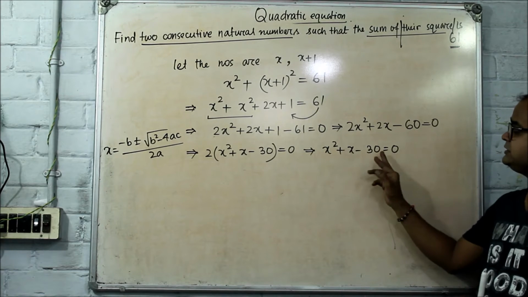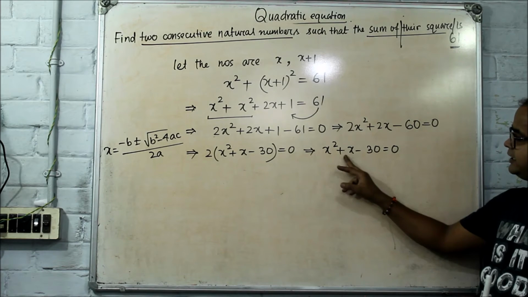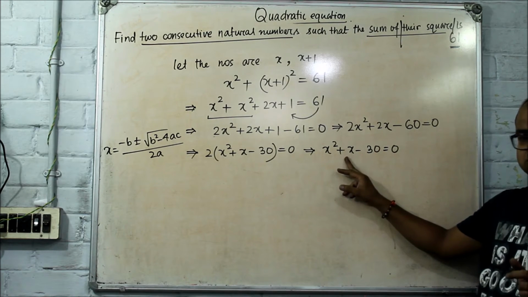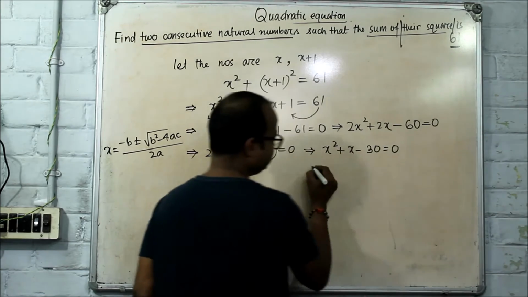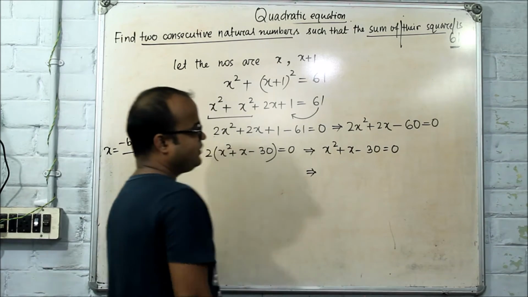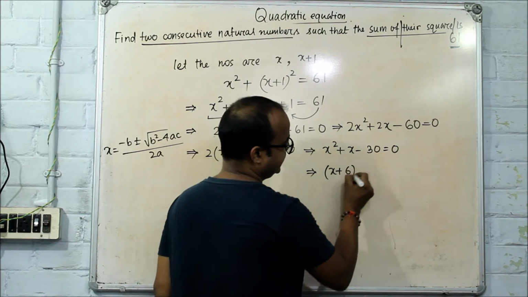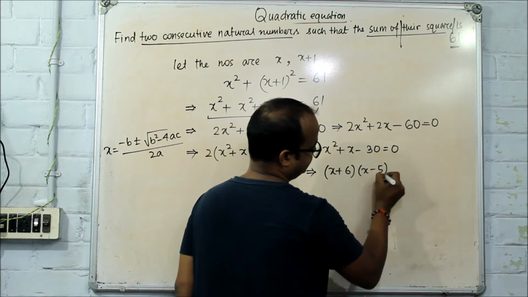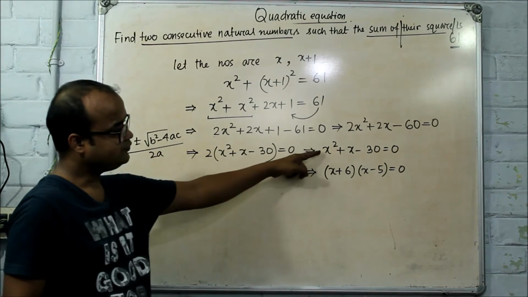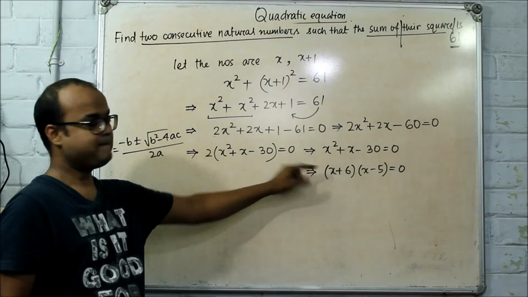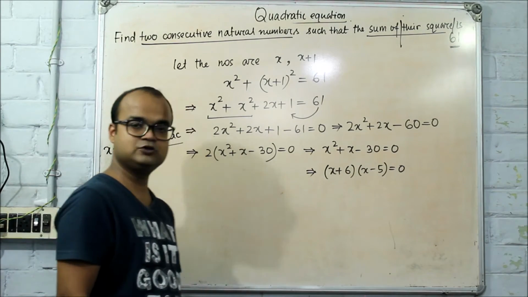In this simple equation, the product is equal to 30, and the middle term is 1. So 6 minus 5. If you factorize this, you will get x plus 6 into x minus 5 is equal to 0.